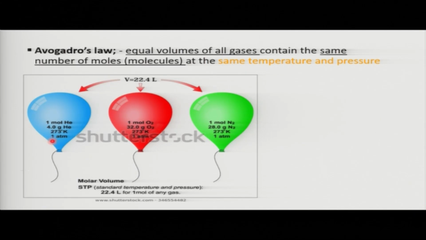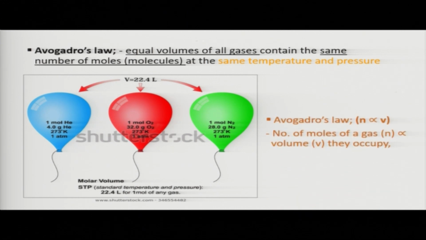But because they are at the same temperature and pressure, 1 atmosphere and 273 Kelvin, which is basically 0 degrees Celsius, they will occupy the same volume. So we can make an inference: for Avogadro's law, the number of moles of a gas is directly proportional to the volume they occupy. Increase the number of moles, and they will occupy a relatively higher volume.